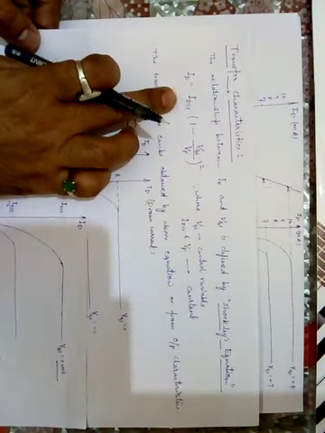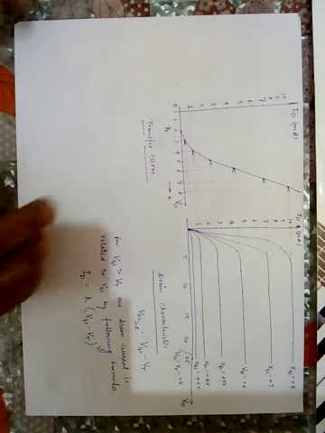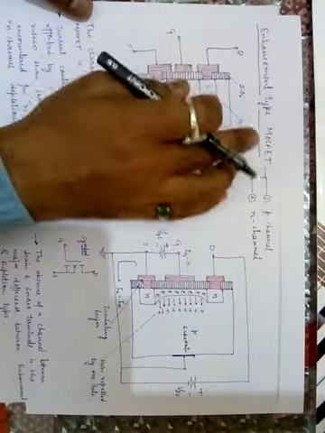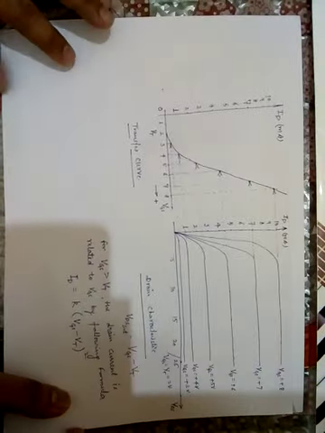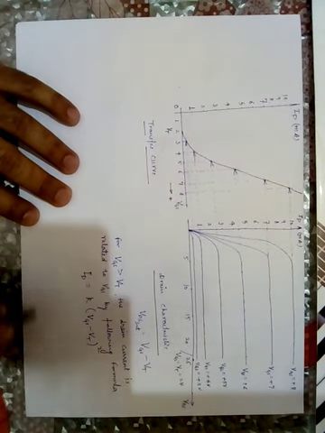Shockley equation says ID is equal to IDSS times (1 minus VGS upon VP) squared. But there is a bit of difference in the enhancement type. This is the enhancement type MOSFET. In enhancement type, it doesn't follow the Shockley equation. It follows this equation.